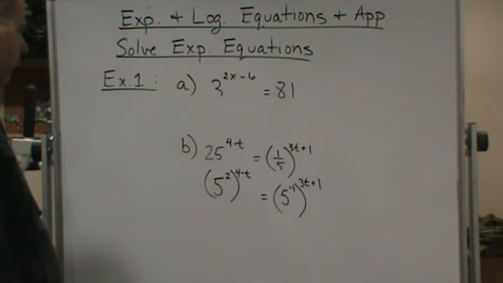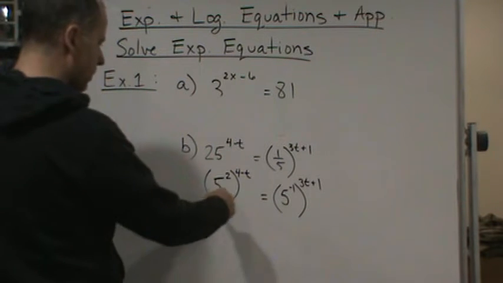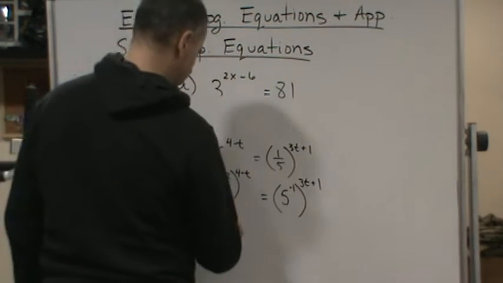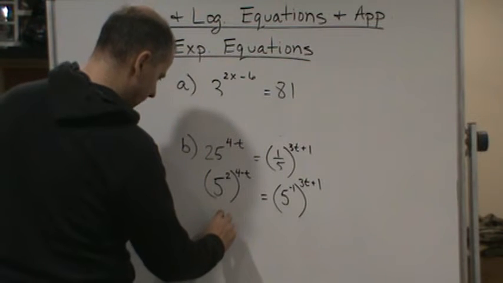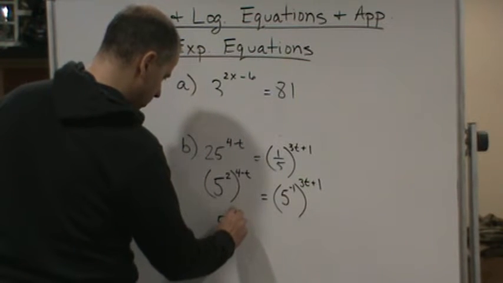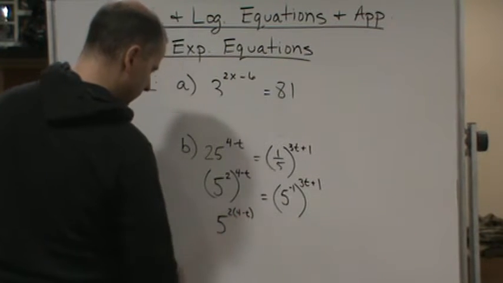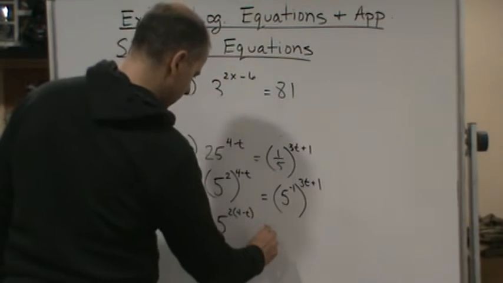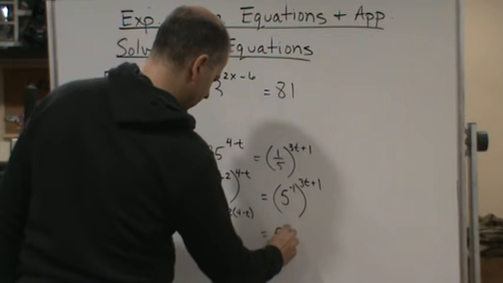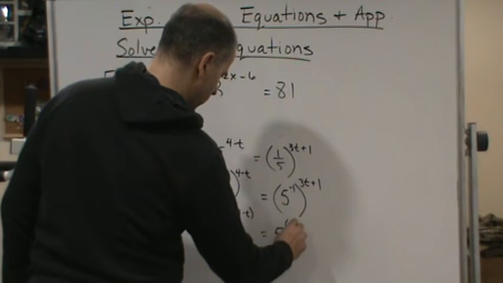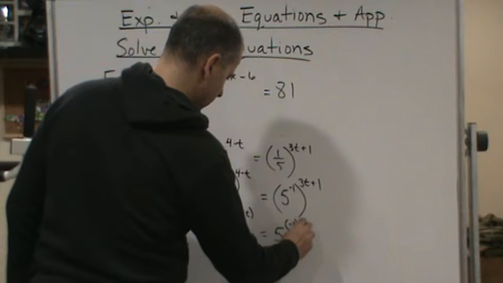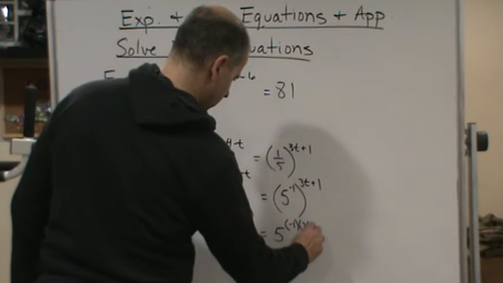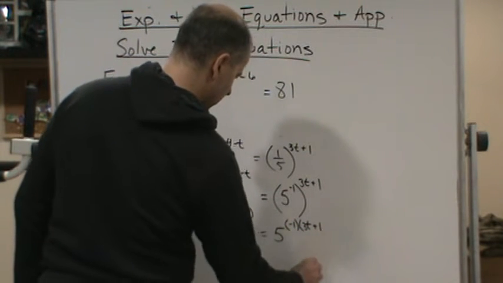So now, let me use the power property here. So this is the same as 5 raised to the 2 times 4 minus t is equal to 5 raised to the what? Negative 1 times 3t plus 1.